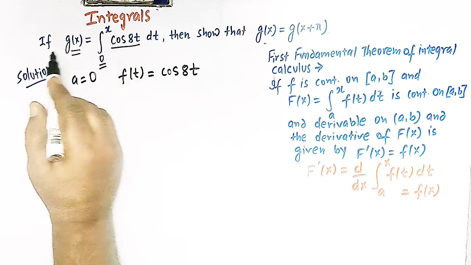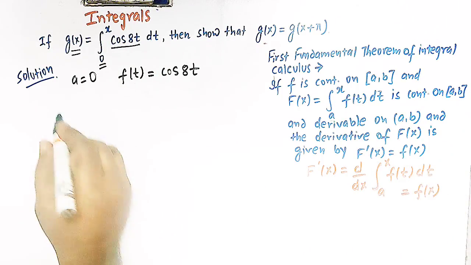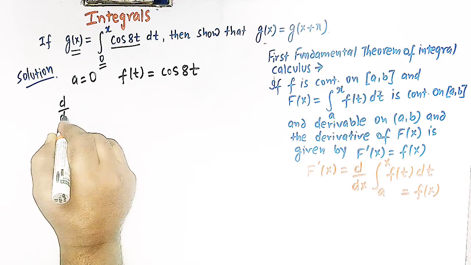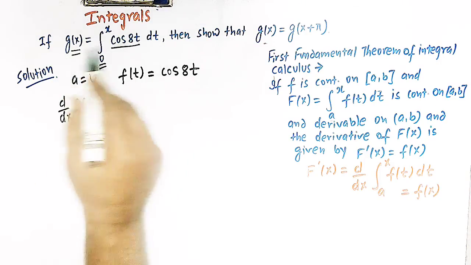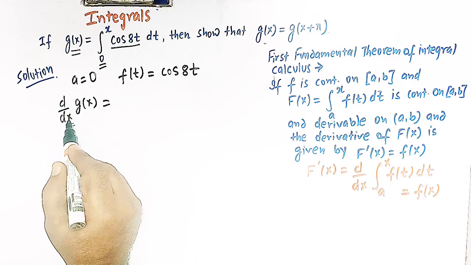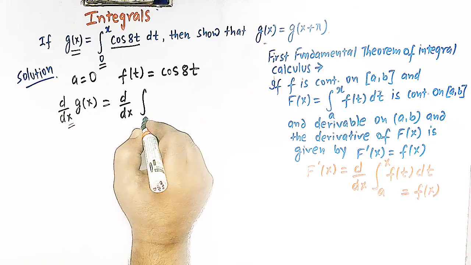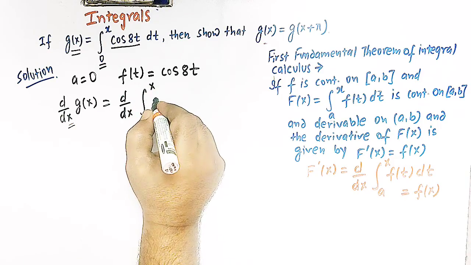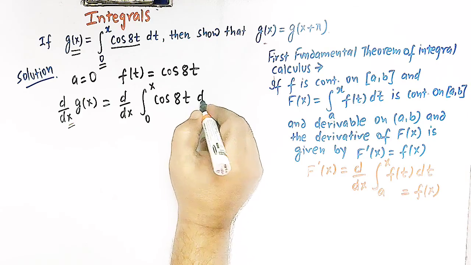So here if we differentiate both sides, then according to this statement we have d by dx of g of x, that is we are differentiating both sides with respect to x, and here we have d by dx of the integral from 0 to x of cosine 8t dt.